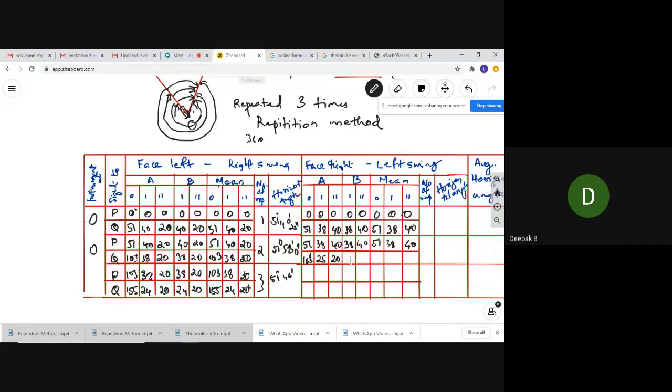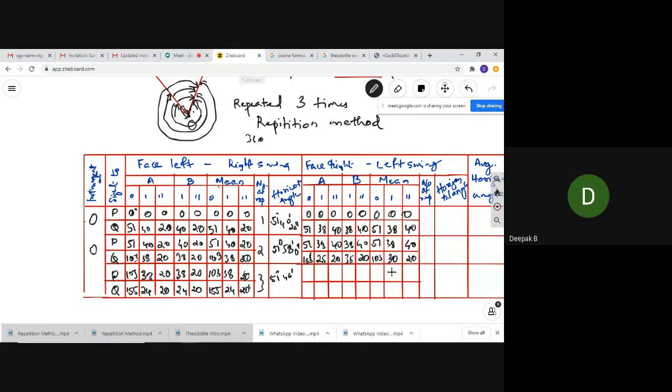This is 21, and here it will be 35, 20. The B vernier reading will be 35 and 20. So what will be the mean? 103 degree 30 minutes 20 seconds.